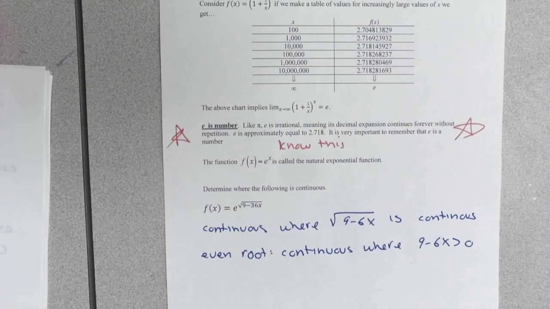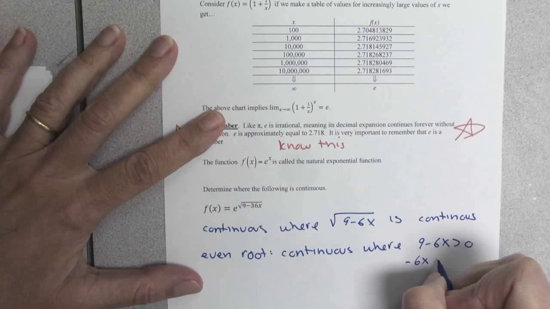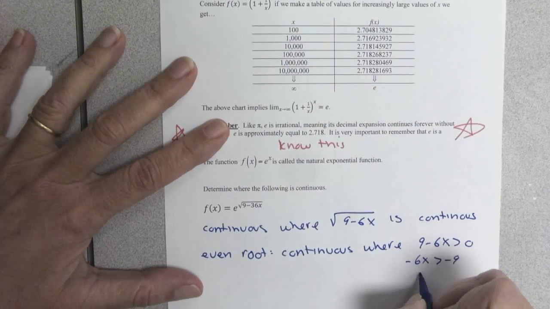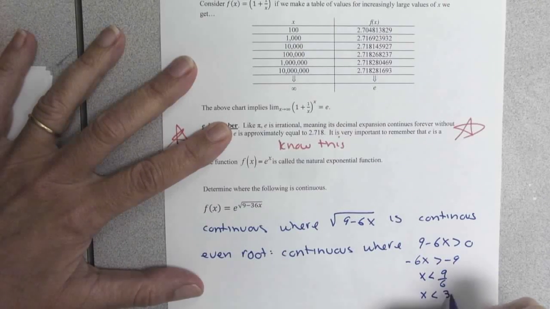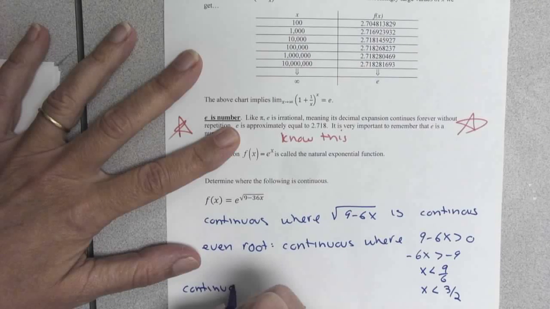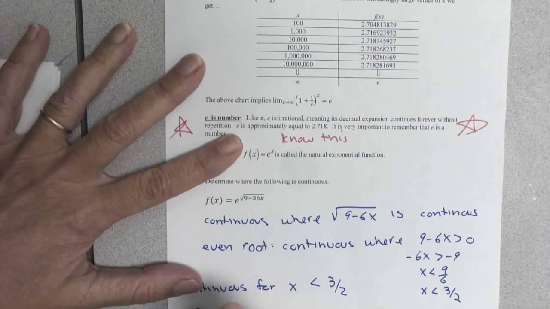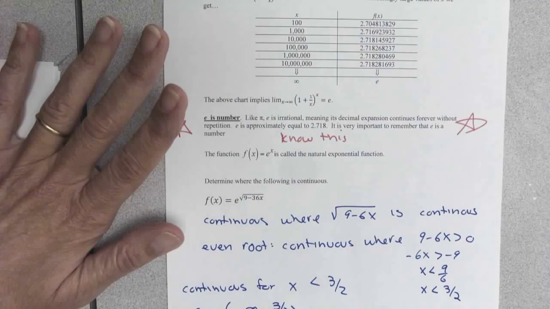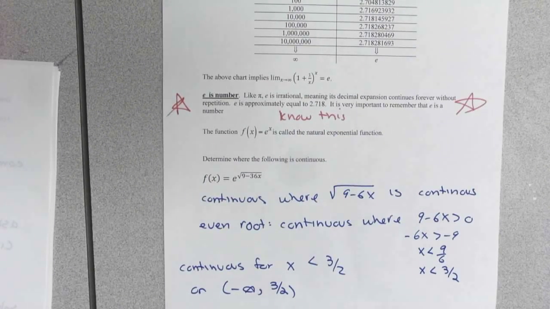And again, there's some debate whether you should put the or equal to or not. I don't care, whichever. And so that's negative 6x is greater than negative 9, x less than 9/6, x less than 3/2. And so we conclude that it's continuous for x less than 3/2, or negative infinity to 3/2. And there's that one.